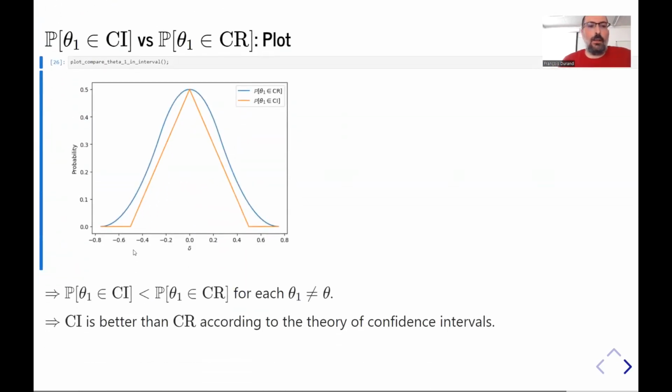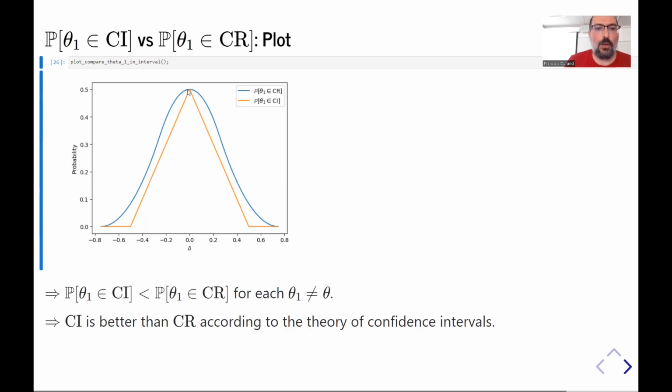And finally, if we compare the two, here it's the plot where on the x-axis I have delta, the difference between theta and θ1. And on the y-axis, I have the probability that this incorrect value is captured by the confidence interval or by the credible region.